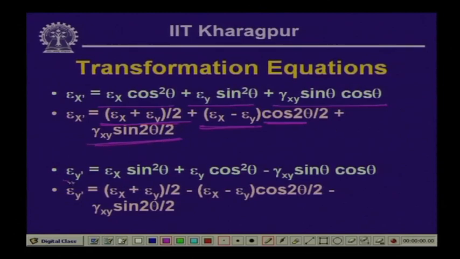Thereby epsilon y dashed is equal to epsilon x sin square theta plus epsilon y cos square theta minus gamma x y sin theta cos theta, which eventually comes as epsilon x plus epsilon y by 2 minus epsilon x minus epsilon y times cos 2 theta by 2 minus gamma x y sin 2 theta by 2. So, these are the values of the strain with reference to the x dash and y dash axes.